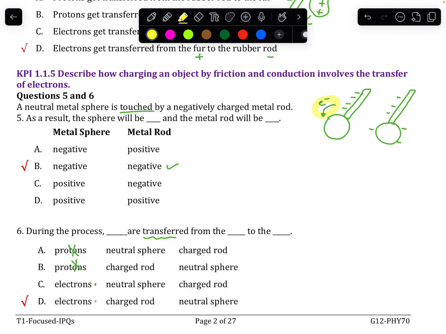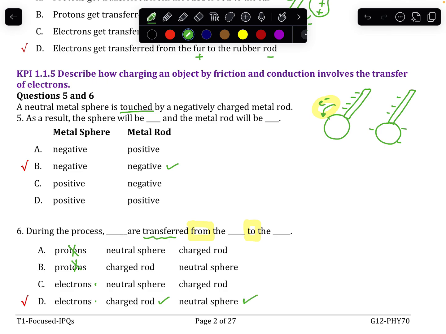The electrons were transferred from the negative rod into the neutral sphere. The sphere was first neutral, and the electrons go from the charged rod to the neutral sphere.